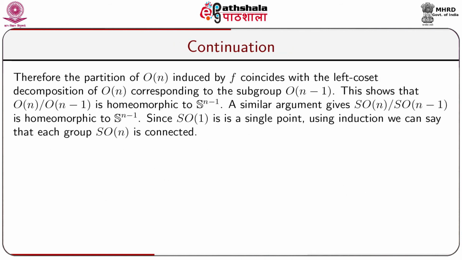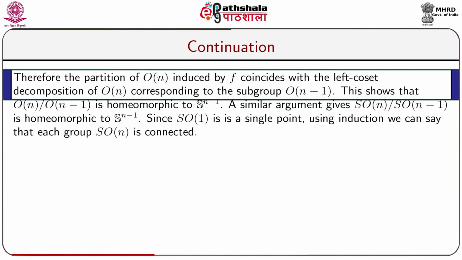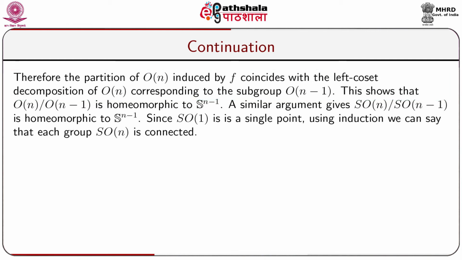Therefore, the partition of O(n) induced by f coincides with the left coset decomposition of O(n) corresponding to the subgroup O(n-1). This shows that O(n) by O(n-1) is homeomorphic to S^(n-1).